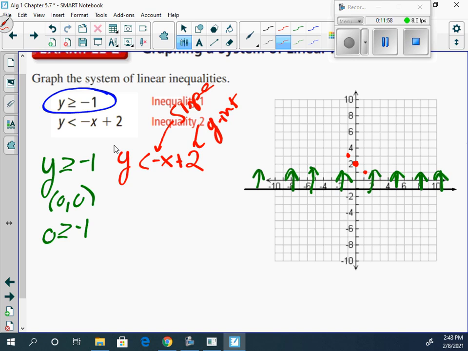Questions? Because for negative slopes, we can either go down and right or up and left. Because down would be negative and right is positive, and negative and positive is a negative.